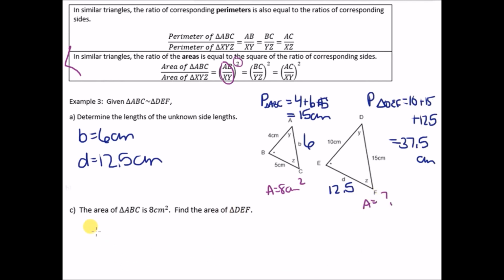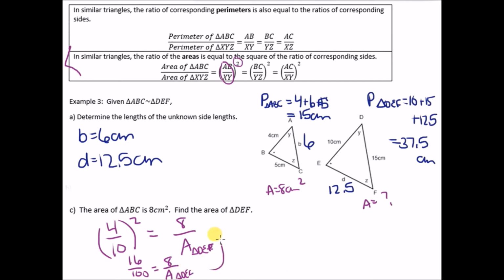Okay, so we have 4 over 10. What we want to do is square that, and then what that's going to equal is 8 divided by the area of DEF. Okay, so 4 divided by 10 squared, I get 16 over 100 equals 8 divided by the area of triangle DEF.